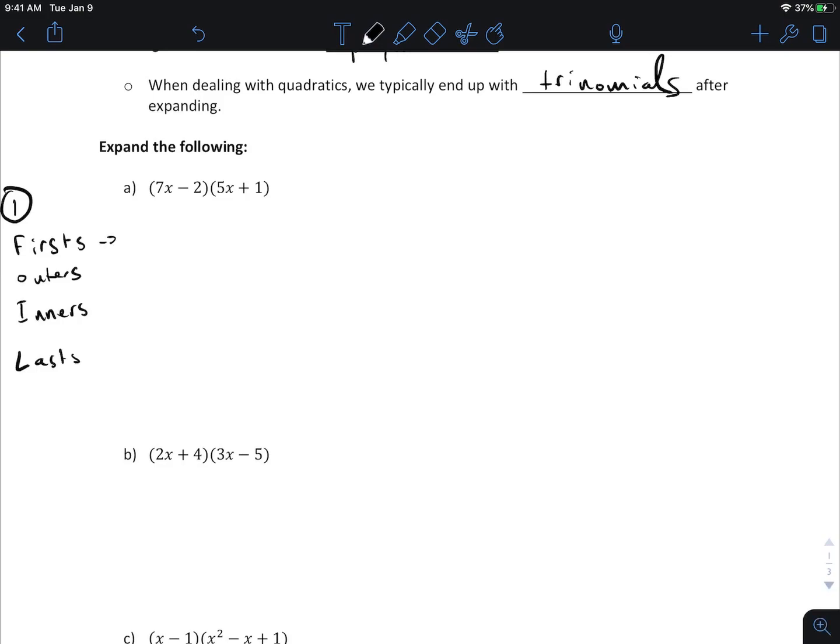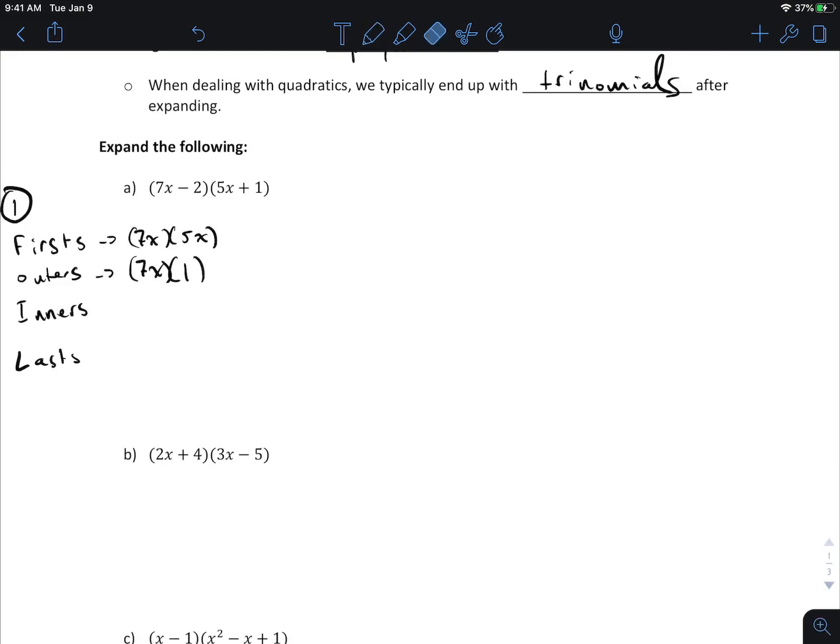So we'll do the first one in black. With the first, we're identifying 7x, and we're going to multiply 7x by the first of the second that's there, right? So we're talking about the first in the 2 pieces sitting there: 7x times 5x. And then we've got the outers, so that's going to be 7x, the 2 pieces on the end, and I'm going to have positive 1. That's here and here, right?